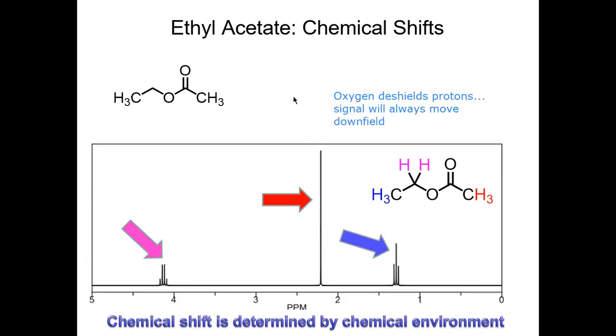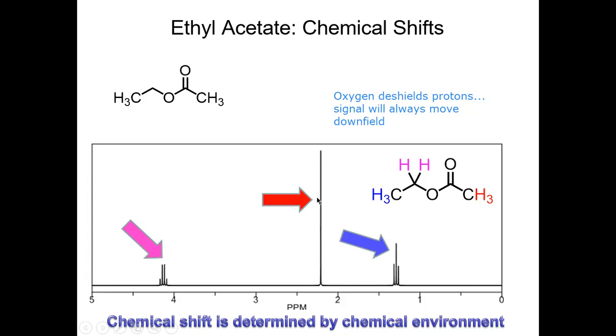Right. Anytime you de-shield a set of protons, so if you put a set of protons near an electronegative atom, the signal is going to move further downfield because those protons are going to be considered electron poor. Right. And if you look right here, the blue set is the furthest upfield, because it's further away from the oxygen and further away from the carbonyl.